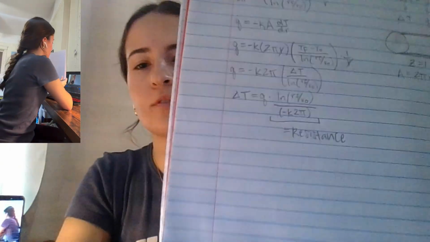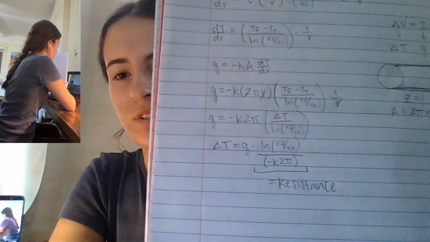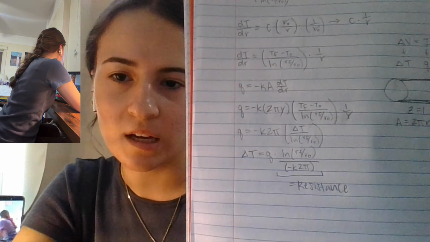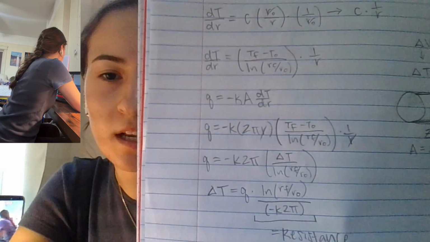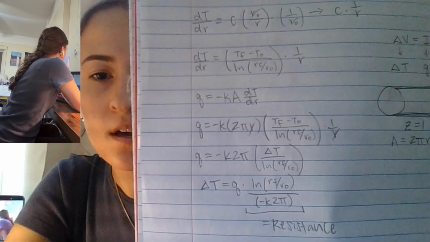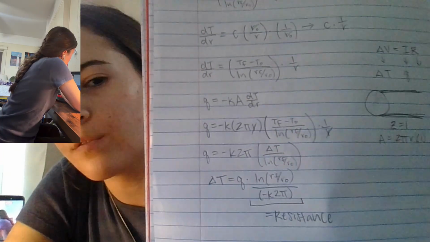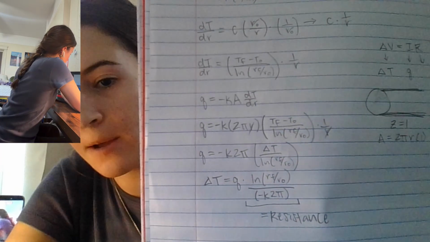So this is how we solve for the resistance. So we have the delta T equals Q, similar to delta V equals I, and then whatever resistance is associated. So our resistance is going to equal the natural log of the final radius divided by the initial radius, all over negative k 2 pi. And that's going to equal our resistance term.